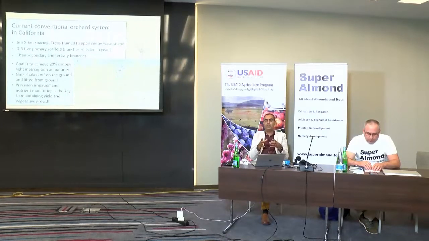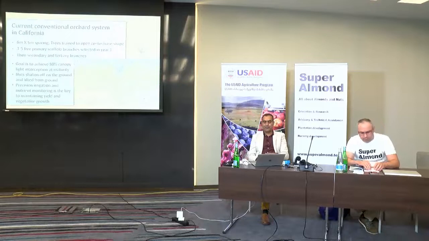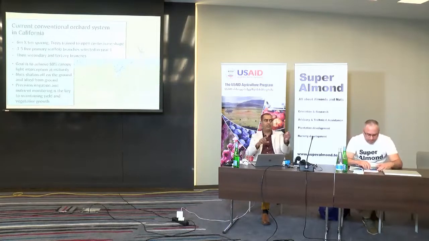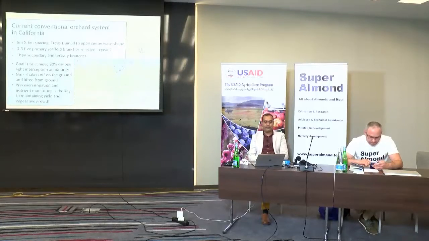To answer your question in short, as a rule of thumb, based on recent research done 4 or 5 years ago in a University of California trial, we came up with a nitrogen rate, and we can convert that to grams. For young trees in the first year, for example, it is 4 to 6 ounces of nitrogen per tree.